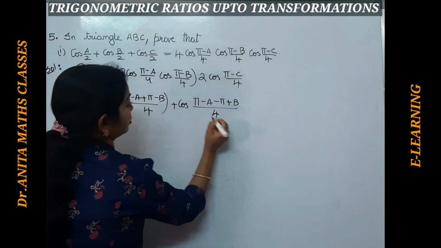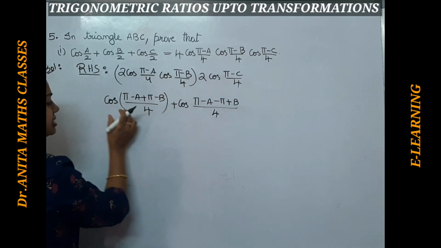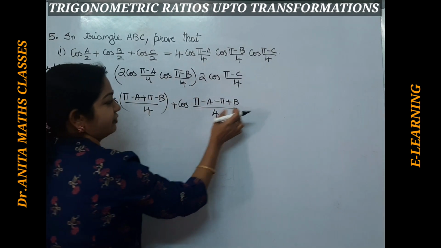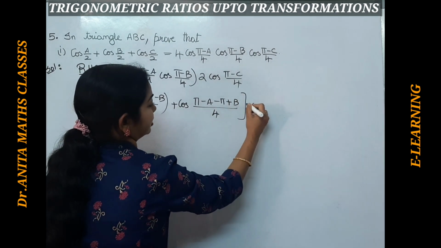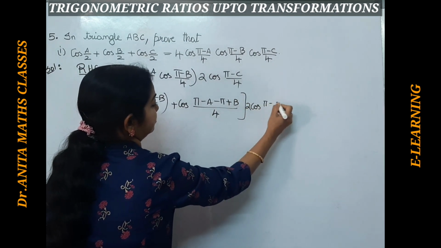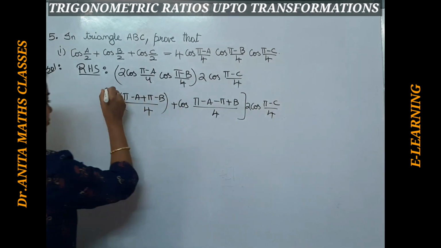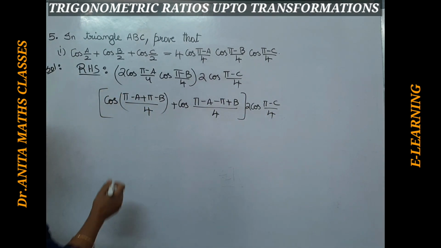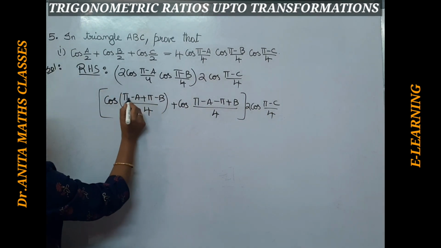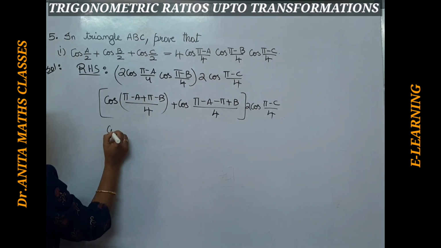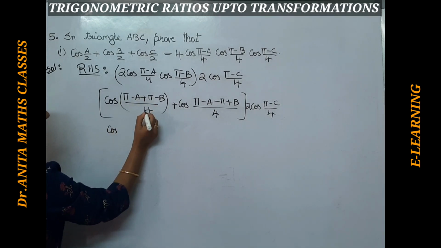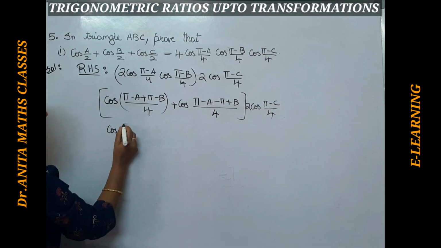There is 4, not 2, this is 4, right? Just cos of A plus B plus cos of A minus B, and we have here 2 cos (π−C)/4, right? Now here we will see what goes of here, 2π, isn't it? So cos of 2π/4, that means just π/2.